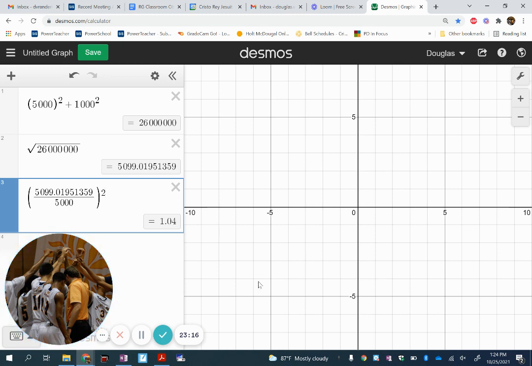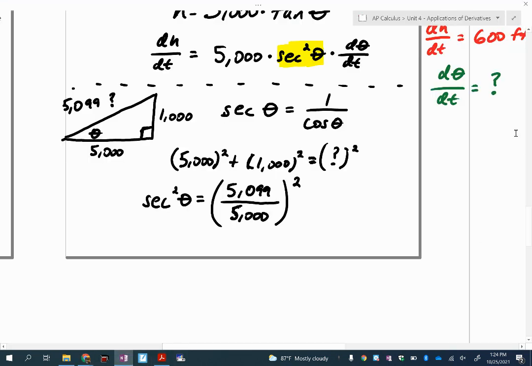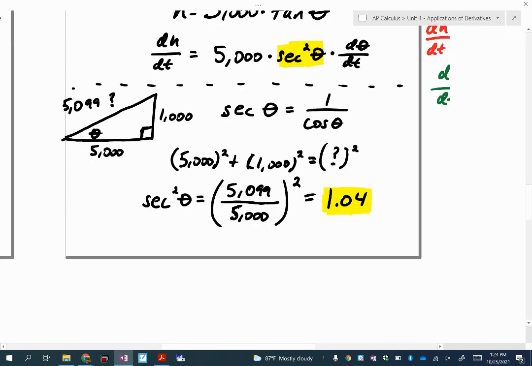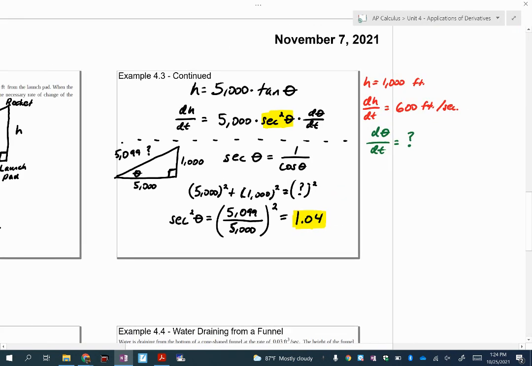Which gives me 1.04. So secant squared theta, which I need, is 1.04. Now I'll highlight this to help my brain. If it helps you, great. If it doesn't, I'm sorry. So now I have everything I need to find my unknown, which is d theta over dt.